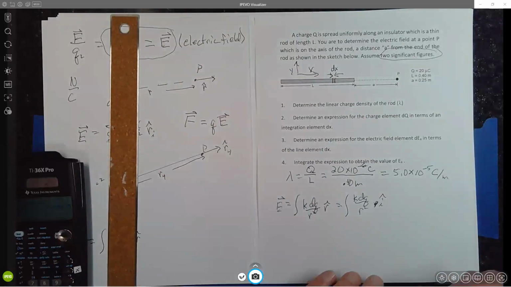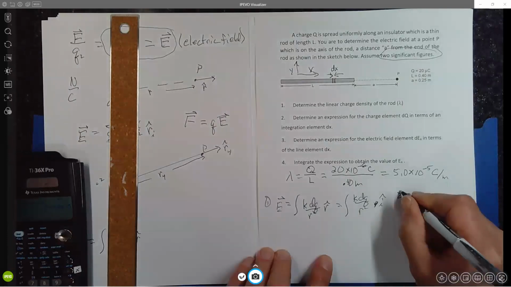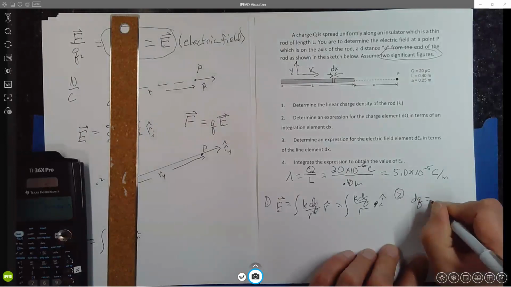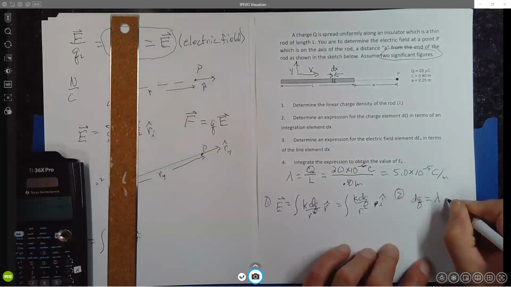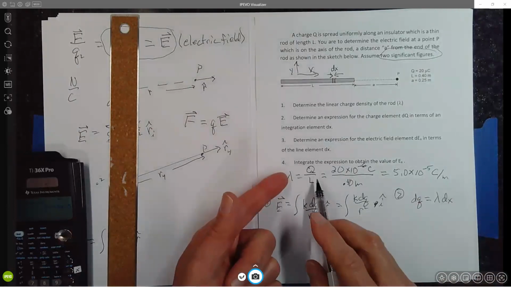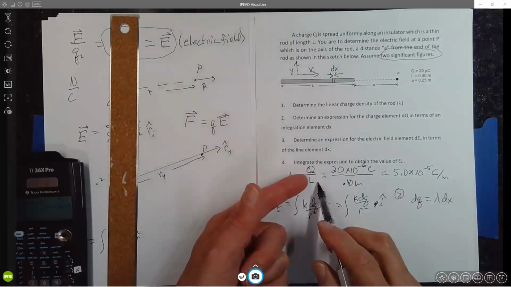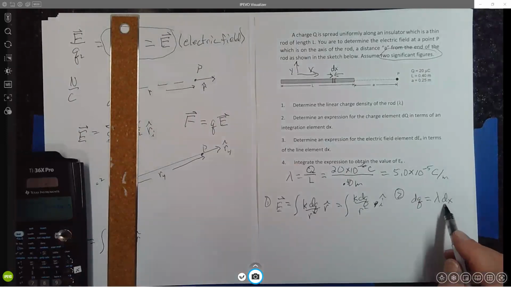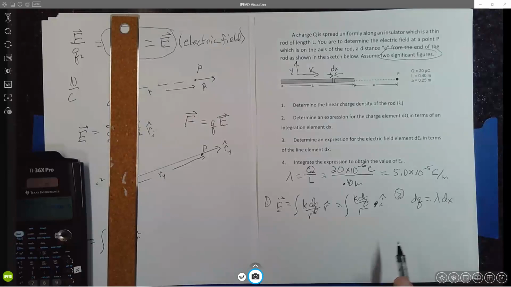So for number 2, dq is going to equal lambda dx, and that's what lambda is. I could rewrite lambda as q over L if I want to, but I'll just leave it that way for now. That's shorter to write than q over L all the time.